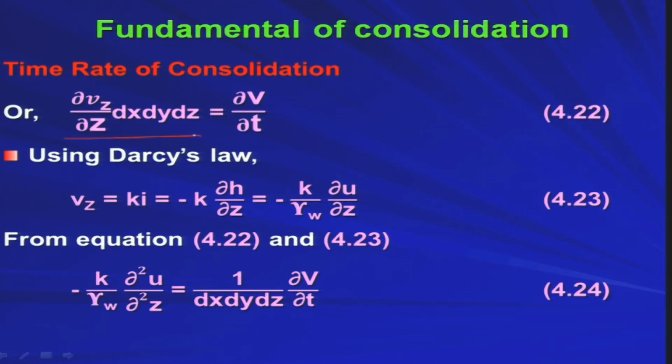So, using Darcy's law I can write Vz equal to k into i. Now, k is the coefficient of permeability and i is the hydraulic gradient. Now, that can be written as minus k into ∂h/∂z, where ∂h/∂z is nothing but your hydraulic gradient.